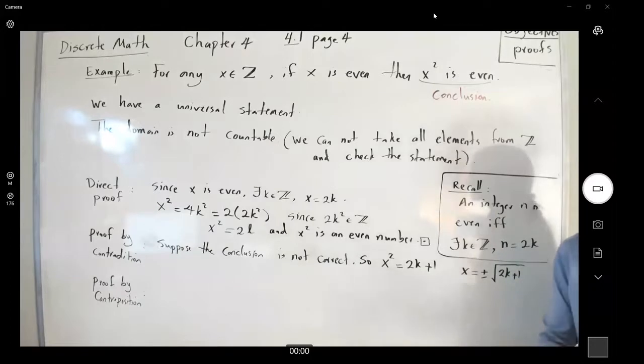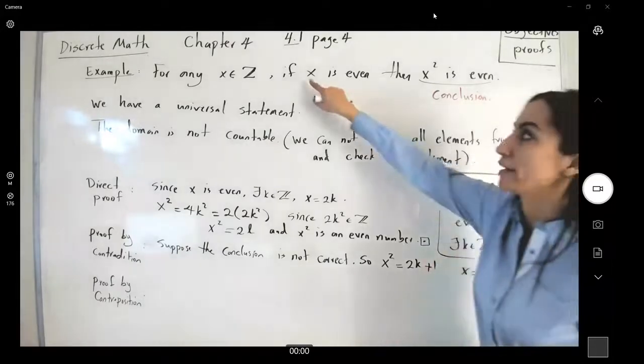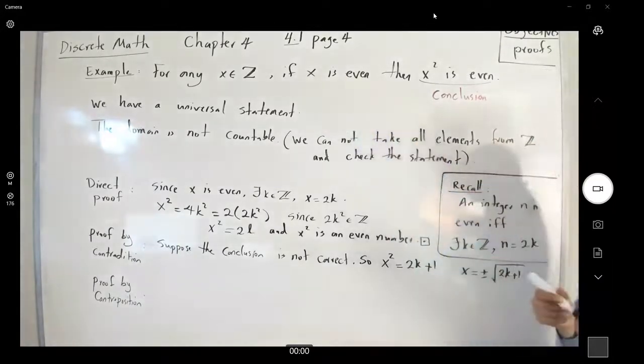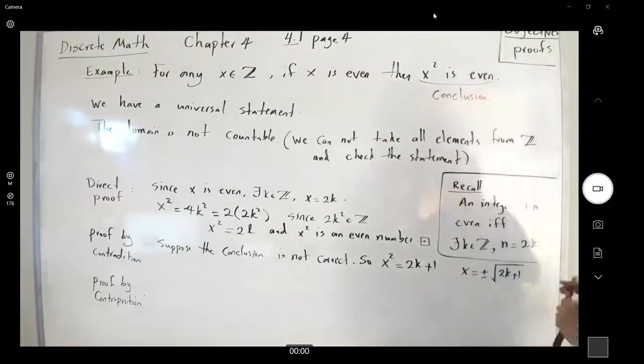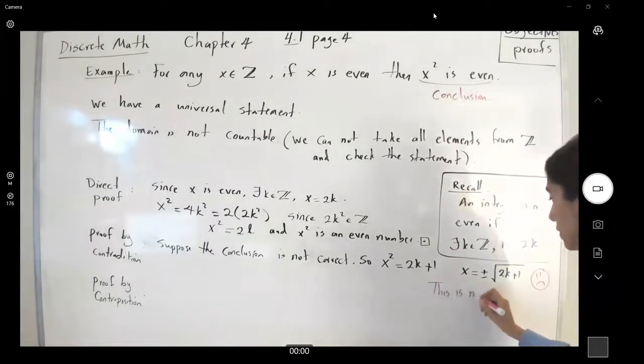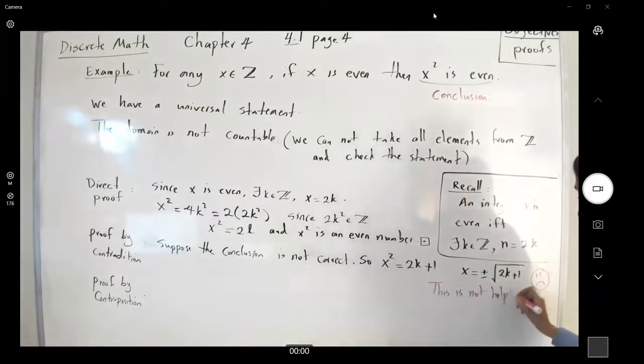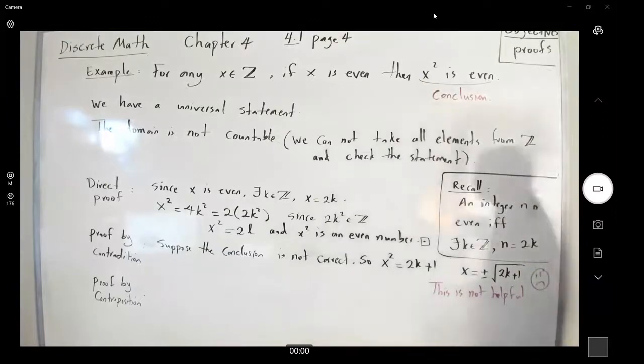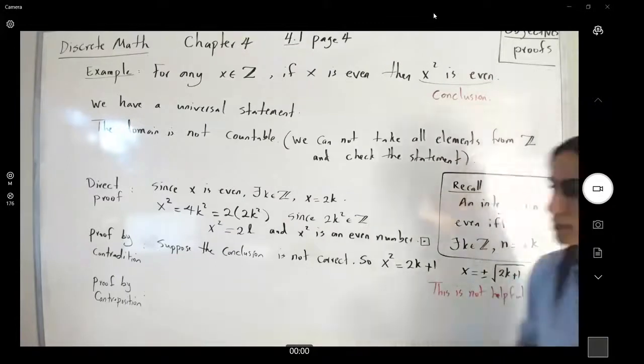Since I don't have an integer, I cannot work with my hypothesis. So this is not helpful. I'm not going to use proof by contradiction because it's not helpful.